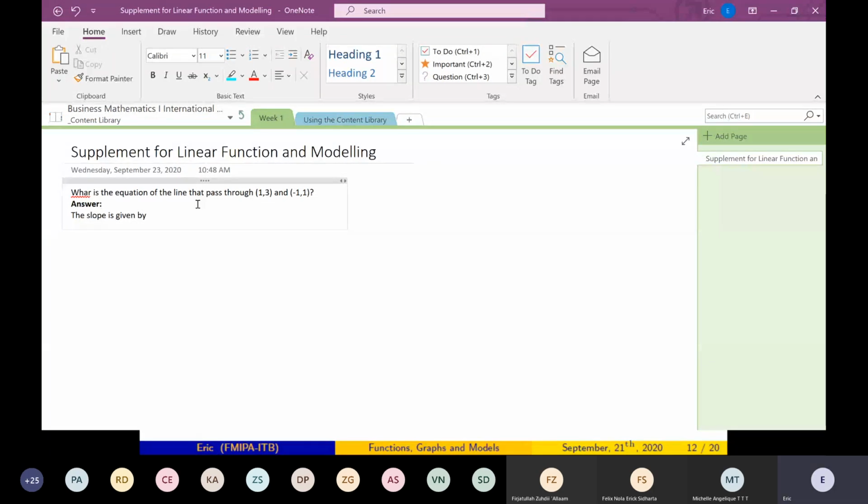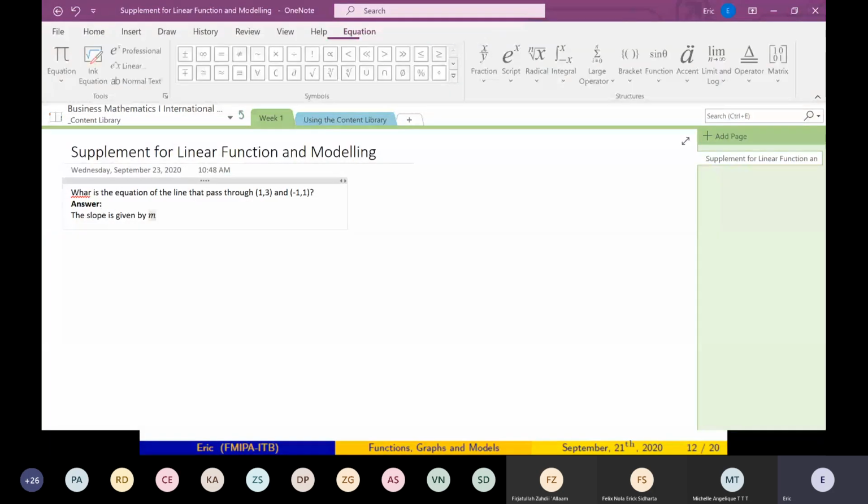If you want to do it the high school way, the slope m is given by (y1 minus y2) divided by (x1 minus x2).